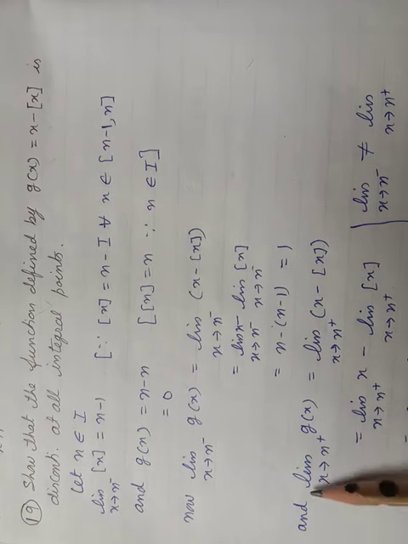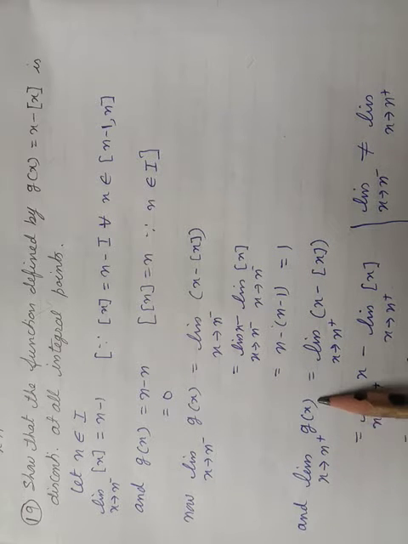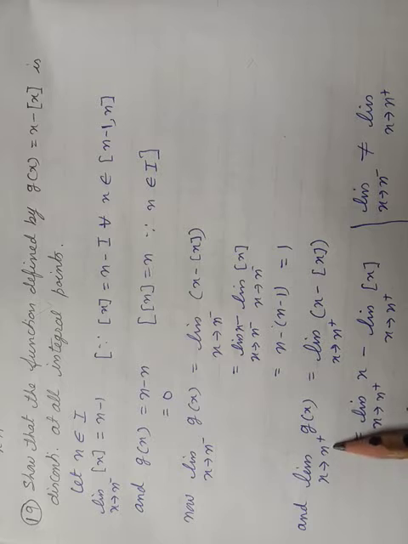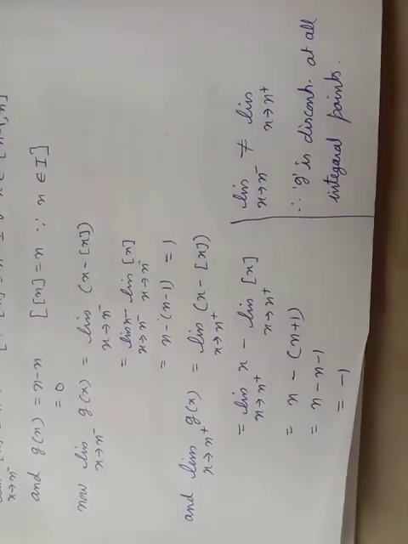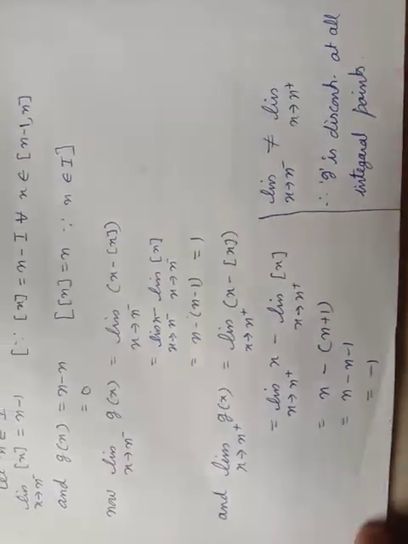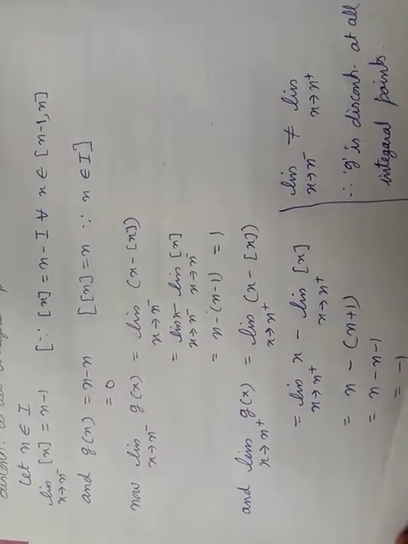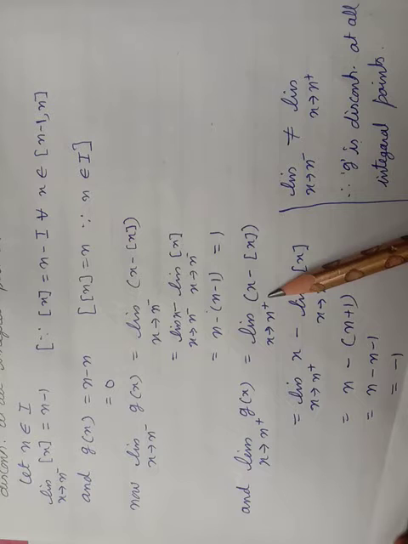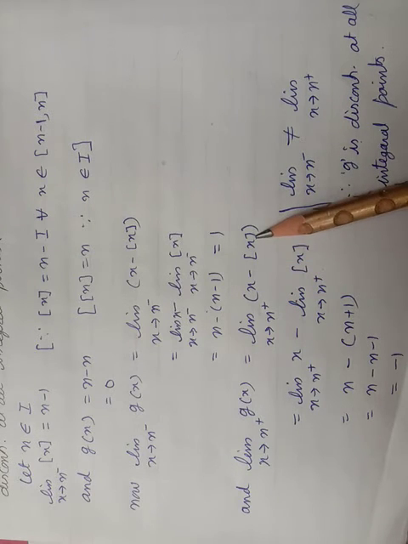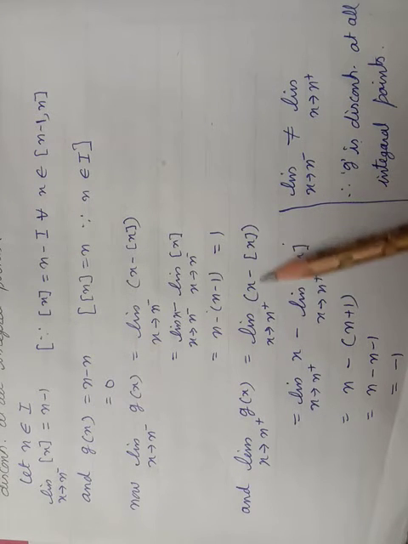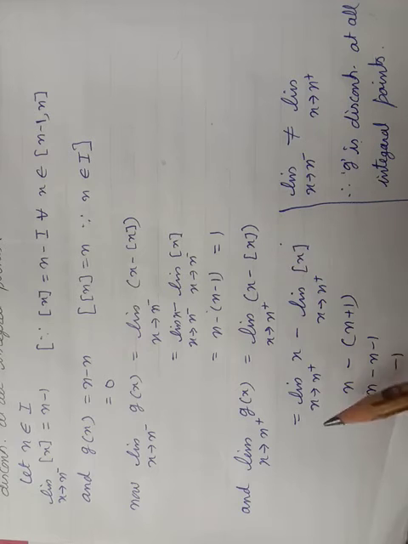And now when we are talking about the limit of g(x) as x tends to n positive, meaning right hand limit, what will happen? Just check here. Okay, so limit x tends to n positive, x minus box x, इससे भी हमने दो हिस्सों में कर लिया, बाइफरकेटेड.